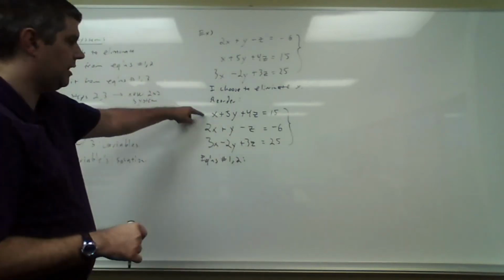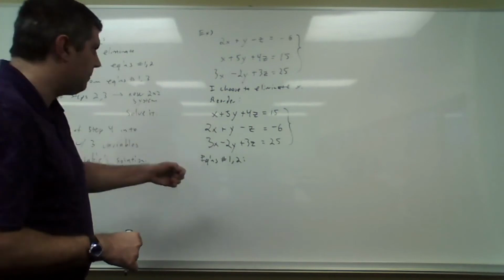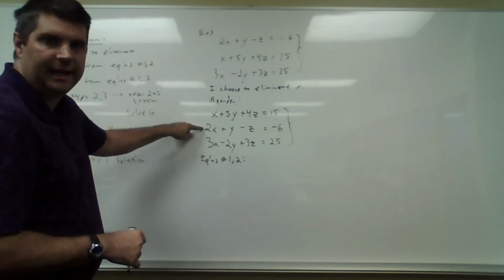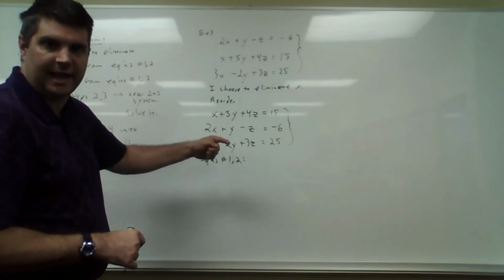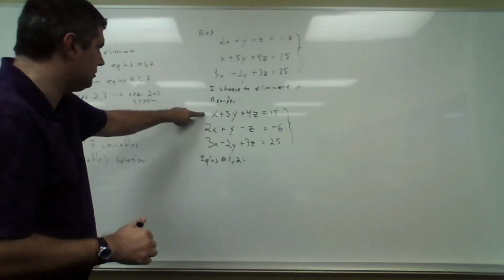For equations number 1 and 2, to eliminate x, I need 2x and negative 2x, because the lowest number that 1 and 2 divide evenly is 2. I've already got 2x, so I'll multiply the first equation by negative 2.